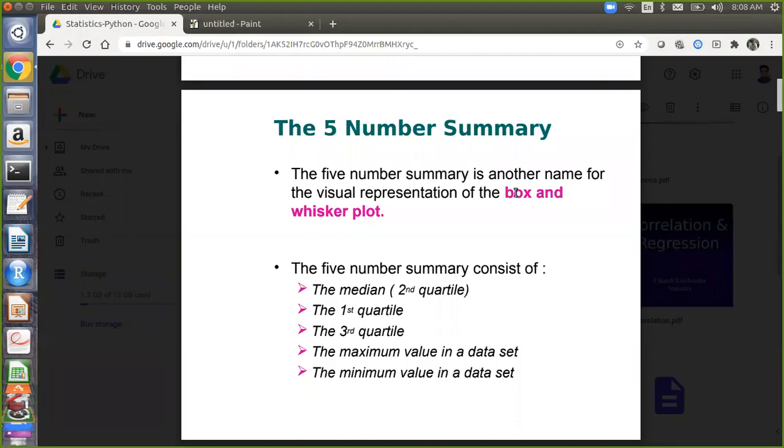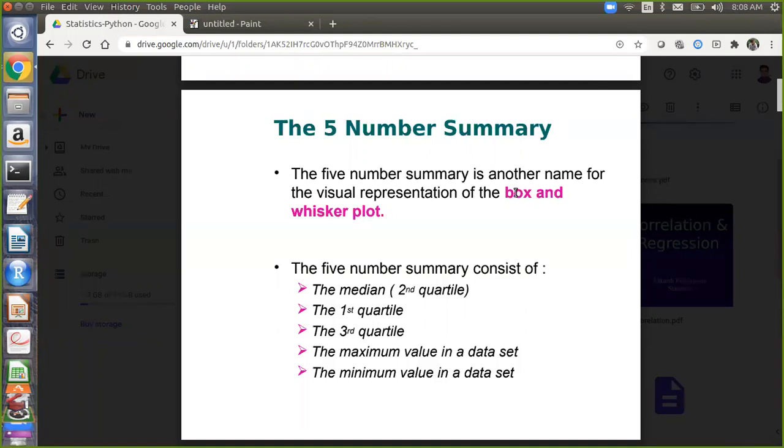Now the box plot is also represented by the 5 number summary. The 5 number summary is another name for the numerical representation of the box plot and whisker plot. It consists of the median, first quartile, third quartile, maximum value in the data set and minimum value of the data set.